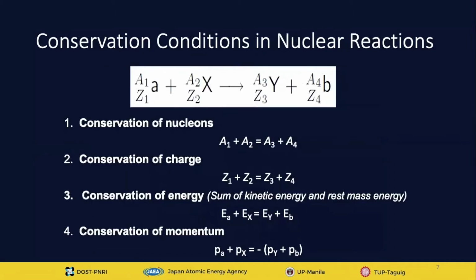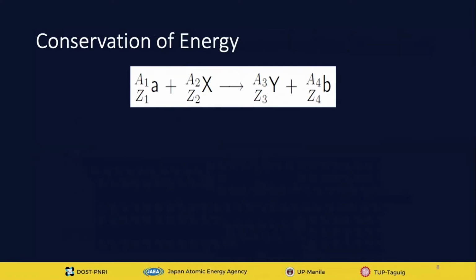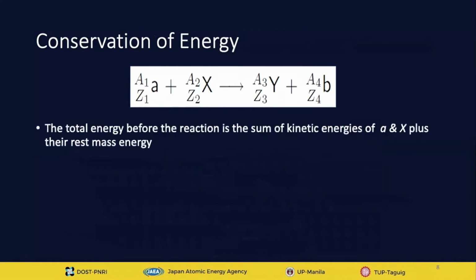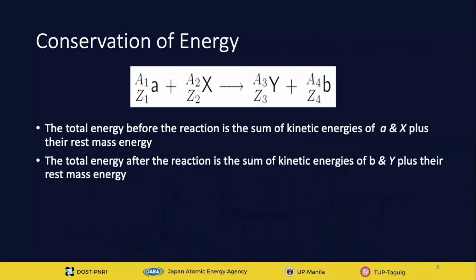All nuclear reactions obey certain conservation conditions, which include the conservation of nucleons, the conservation of charge, the conservation of energy, and the conservation of momentum. As defined, the conservation of energy tells us that the total energy before and after the reaction is the same.